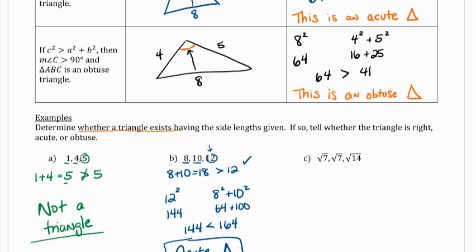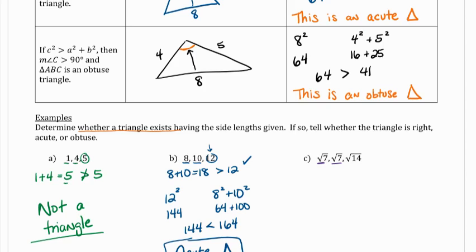Again, we have to check to see if it's a triangle first, right? So before I can check to see what kind it is, it has to be a triangle first. Okay, so my two smaller sides compared to the bigger one. Now, this is all radicals, right? Hopefully, you can see that the square root of 7 is smaller than the square root of 14.